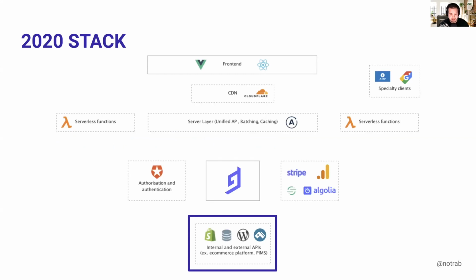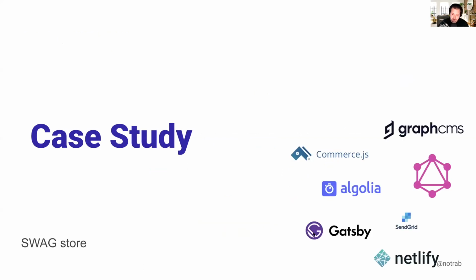Going back to the 2020 stack, let's take a look at the e-commerce aspect of working on the JAMstack and where that fits in with Algolia. So, a quick case study here. This will be using a variety of different services, and again, this is the content mesh all working together.